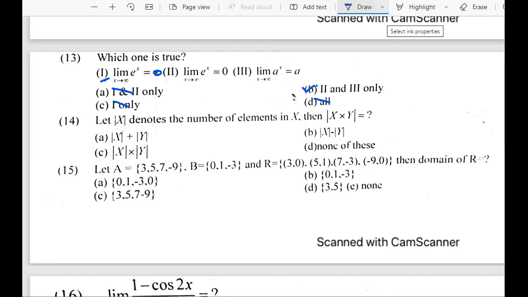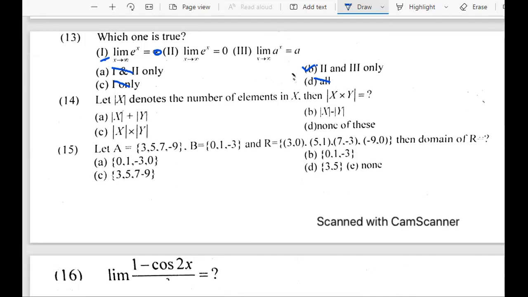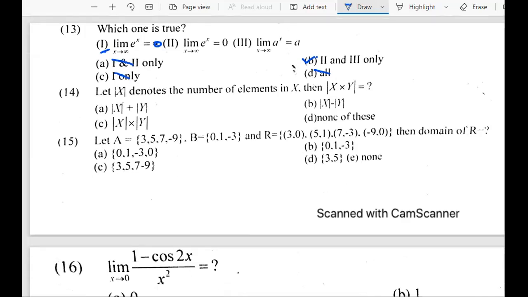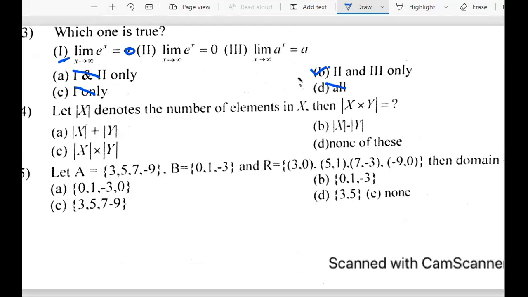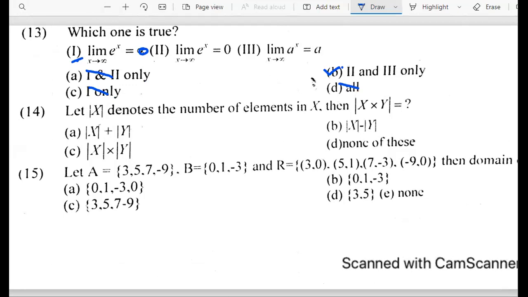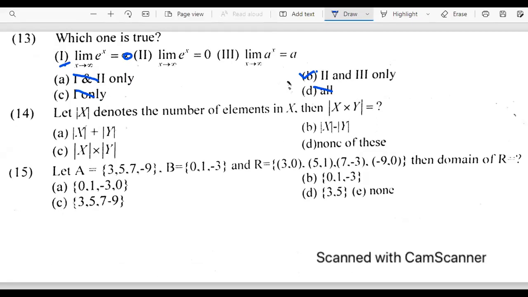So that is basically the 14th question. Okay, so we have that let x mod denote the number of elements in x. Now basically this is a number which is telling us the number of elements in x, then x cross y mod would have.